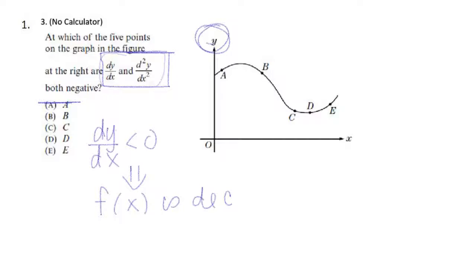What about for B? Yeah, the original function is decreasing there, so B is a possibility. What about C? It might be, might it? Because your function still seems to be decreasing a little bit there, so I wouldn't completely throw out C. What about D? What does it look like my derivative should be at D?